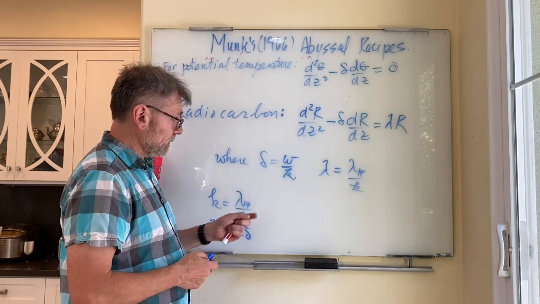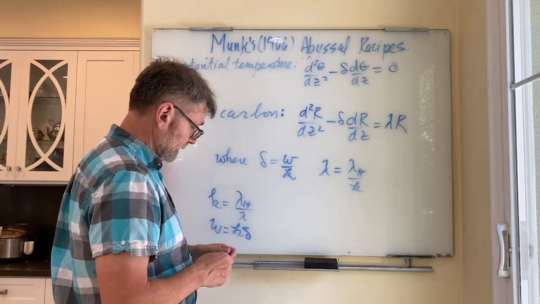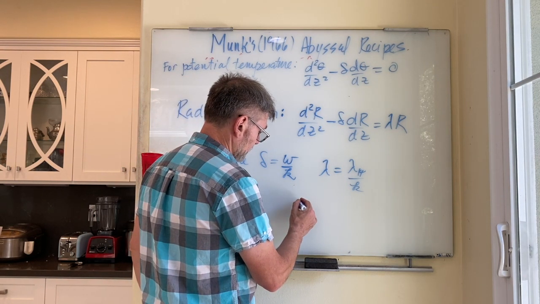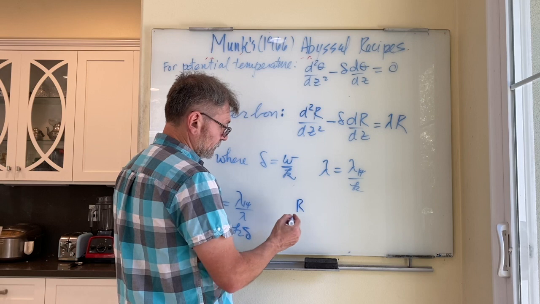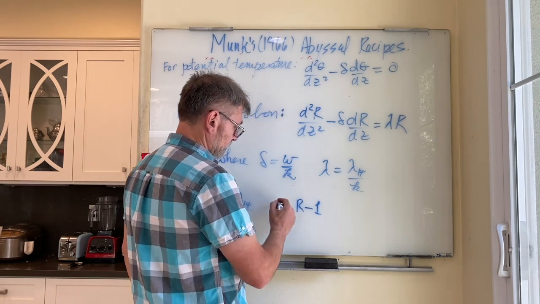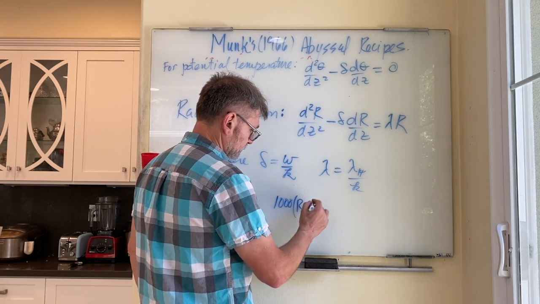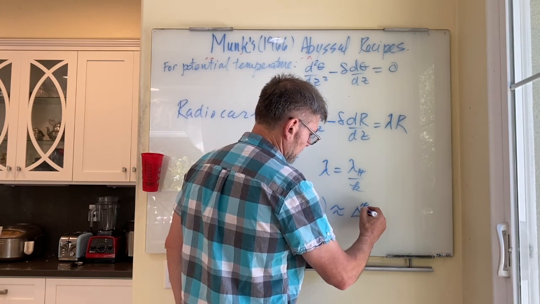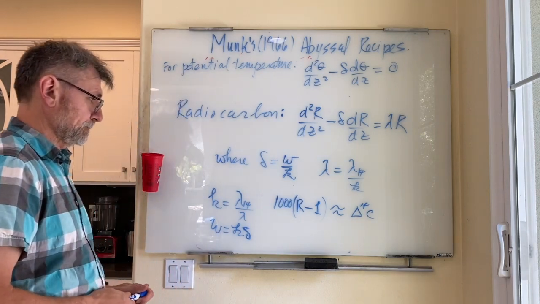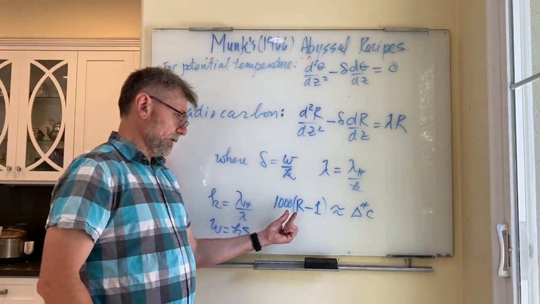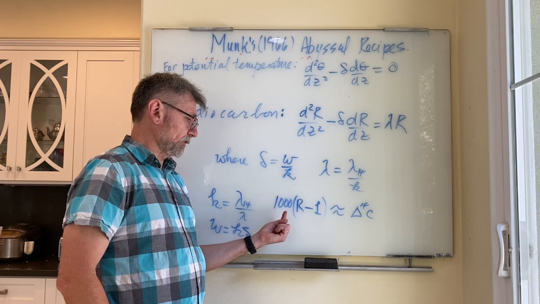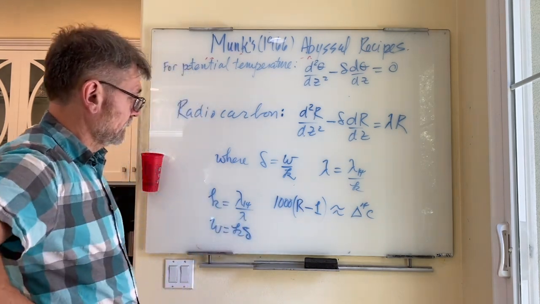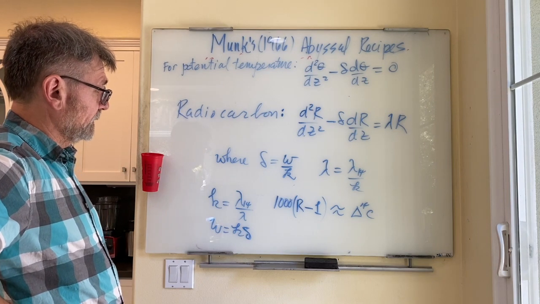So to compare our R to delta 14C, which is the data, we subtract 1 and multiply by 1,000, and this is what is measured, which is delta 14C. So it's just an affine function of R. You take R, subtract 1, multiply by 1,000, you get back the radiocarbon that is measured and reported in the database.